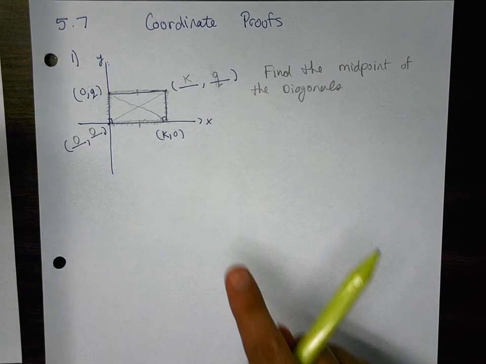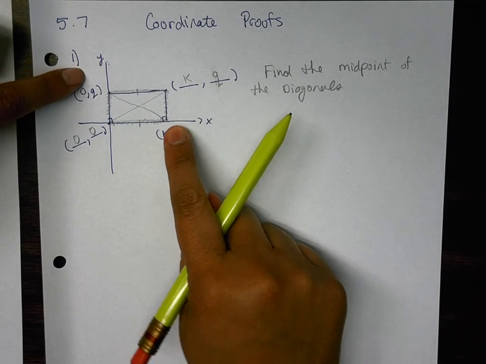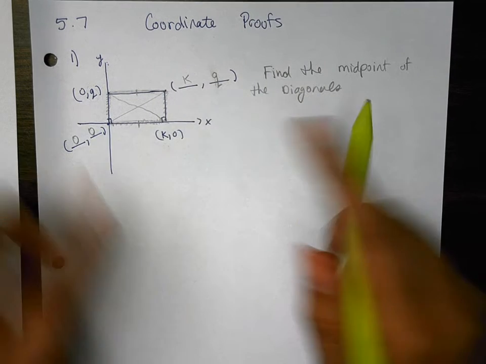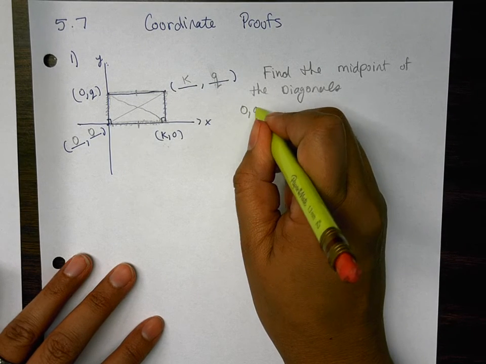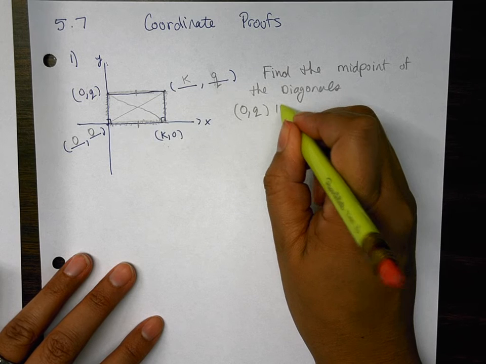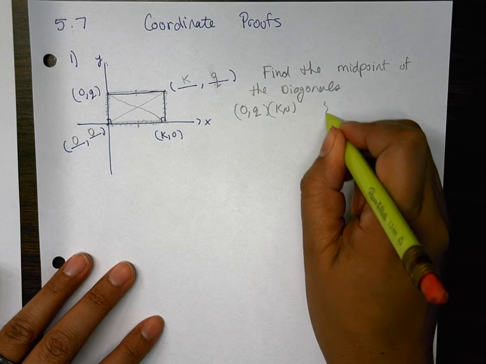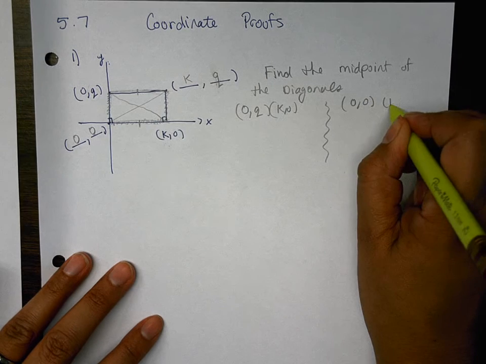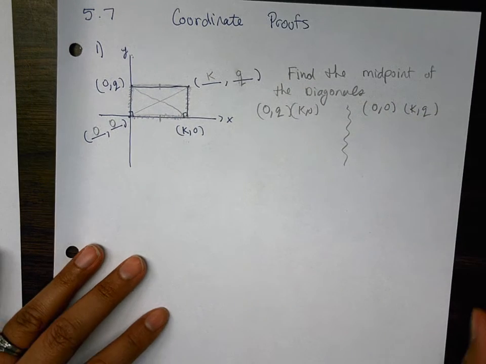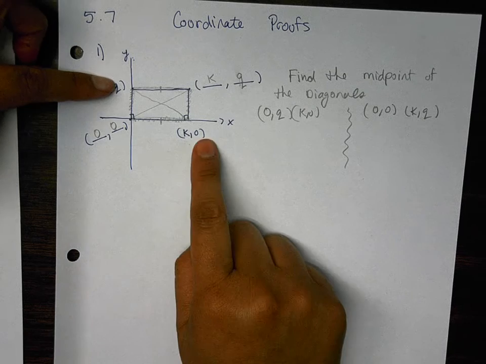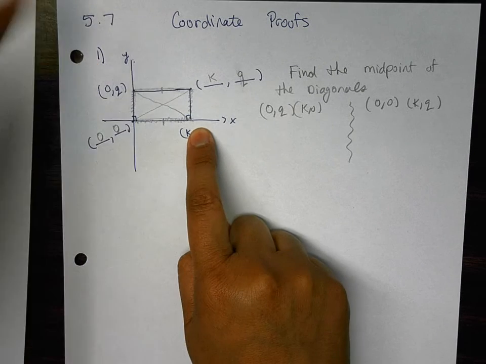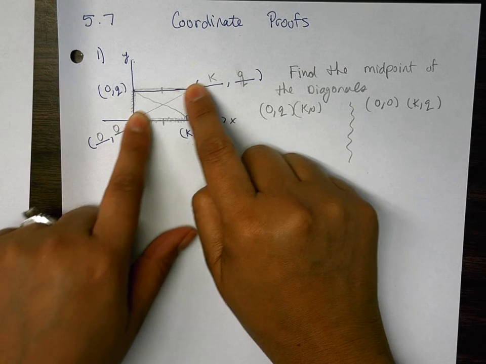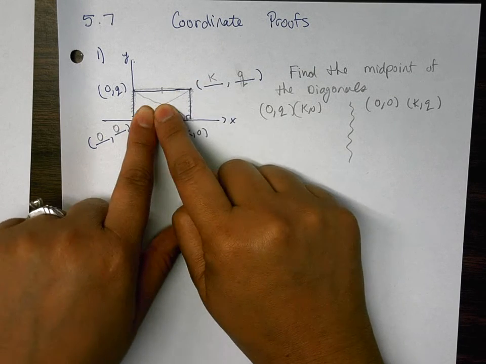Okay, so I'm going to find the midpoint of these 2 points and the midpoint of these 2 points. Okay, so 0, Q and K, 0. And then I'm going to do it again for 0, 0 and K, Q. 0, Q and K, 0, that's one diagonal. 0, 0 and K, Q, that's another diagonal. Does everybody see that? The points I'm connecting.